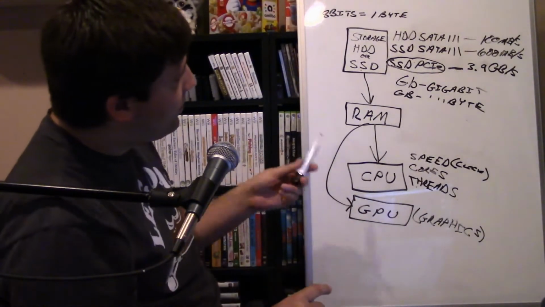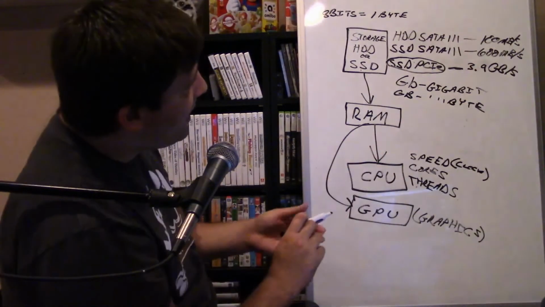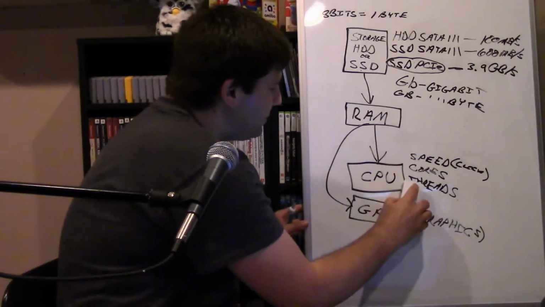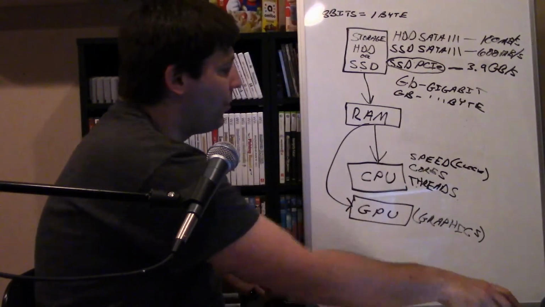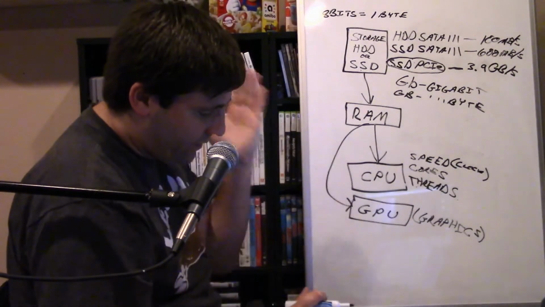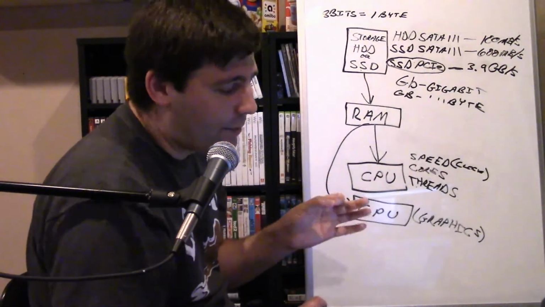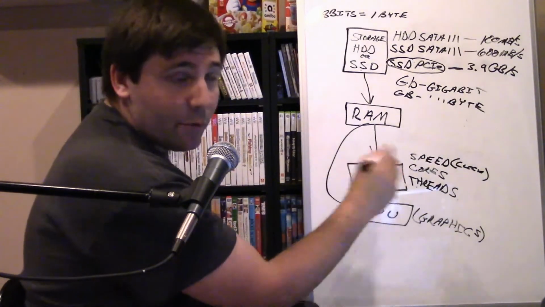Okay, the only thing that you really have to understand is that if a CPU has one core, it's basically only doing one operation at a time. Granted, it would be very fast.